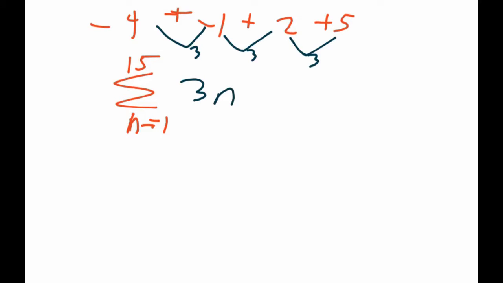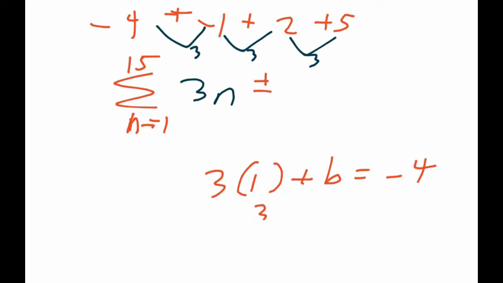So now I'm going to start out with 3n, and then there's got to be plus or minus something. When I plug in 1, plus, we'll call this b, I want to get to negative 4 because that's my first term. So 3 plus b equals negative 4, subtract 3, and so b is equal to negative 7.